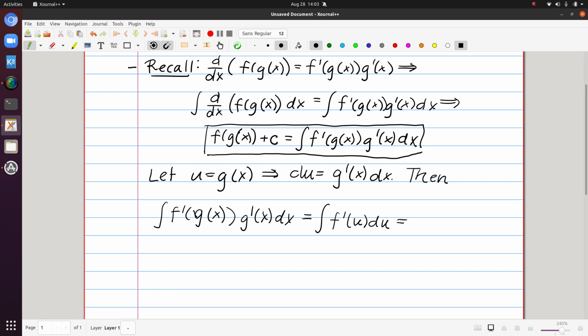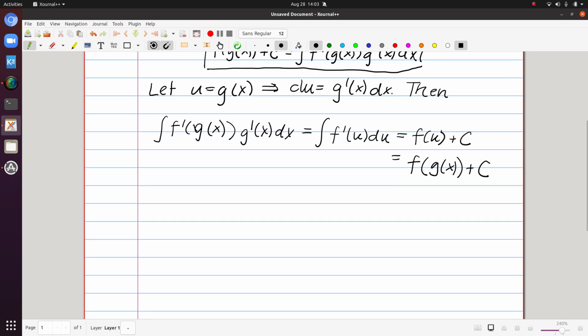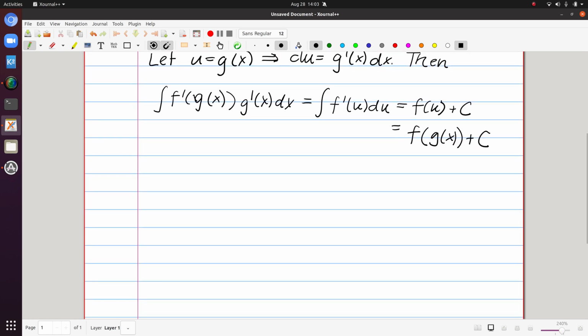And again, the antiderivative of the derivative of f is simply f of u, potentially plus some constant. And then the important thing is if I start with an integral with respect to x, I want to end up with a function of x as well. So I replace u with its equivalent g of x. So that's where the name comes from.